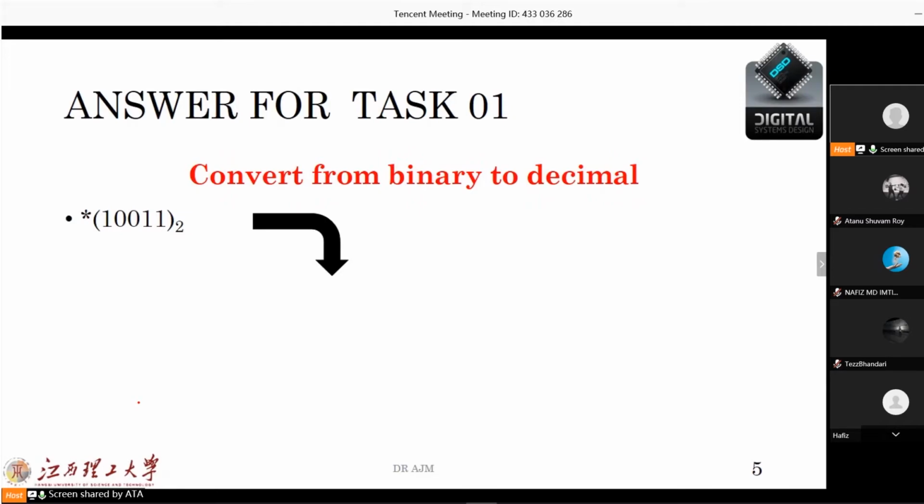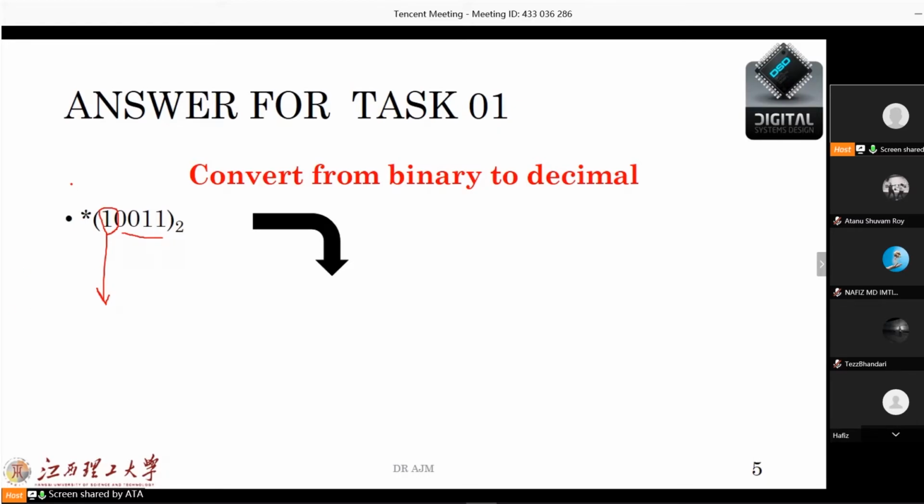Very simple. We have one number, 10011. If I want to convert it to decimal, it's simple. First, I will select the number 1, this one. And then I will count how many numbers I have. I have 4 numbers, then it becomes 1 multiply 2 power 4.